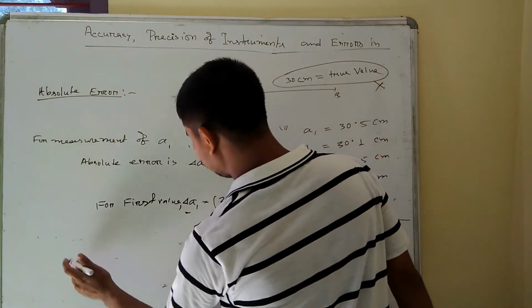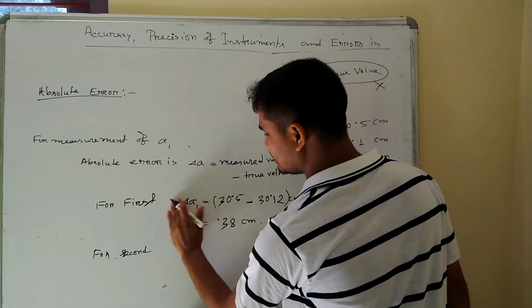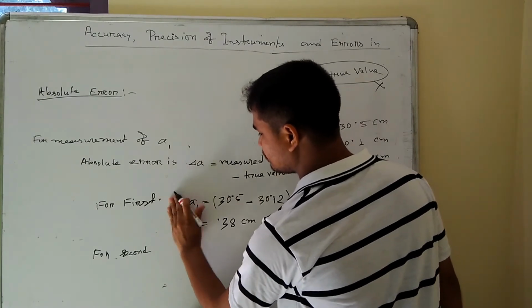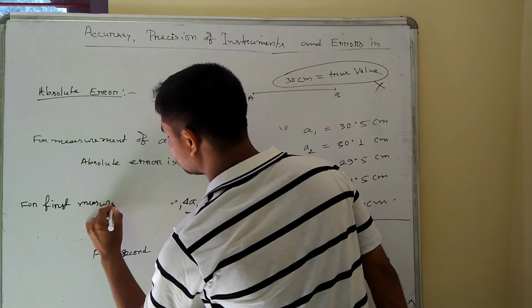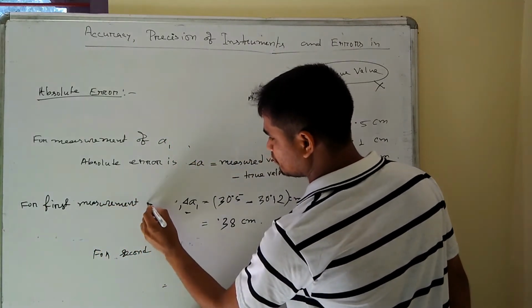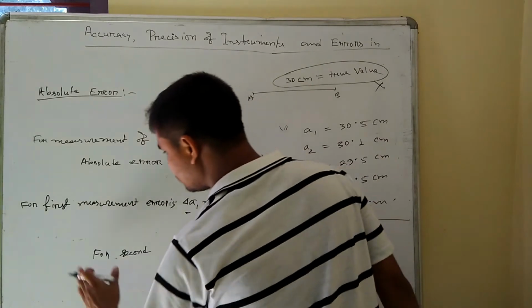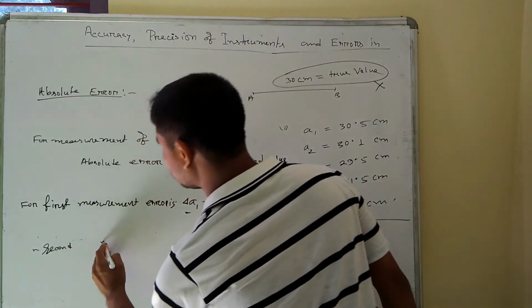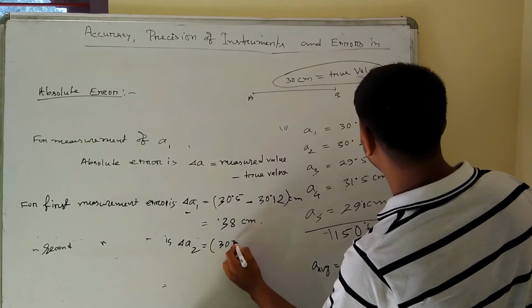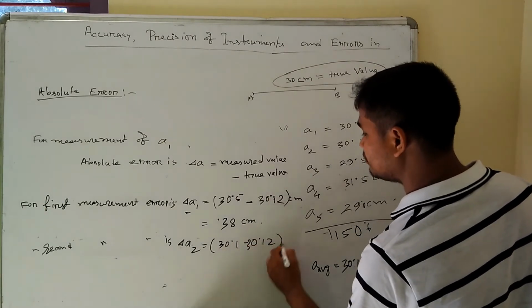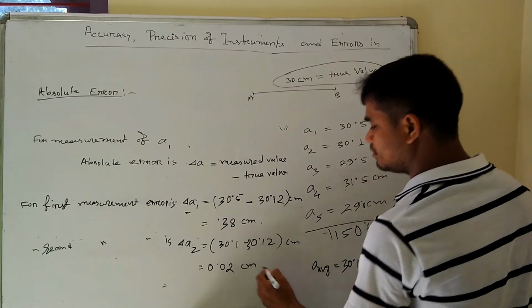Okay, for the second measurement, the error is delta A2, which is equal to how much? 30.1 minus 30.12, that is 0.02 centimeter.